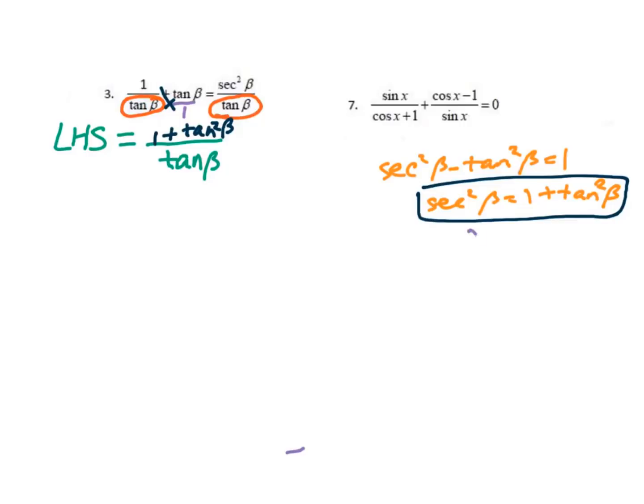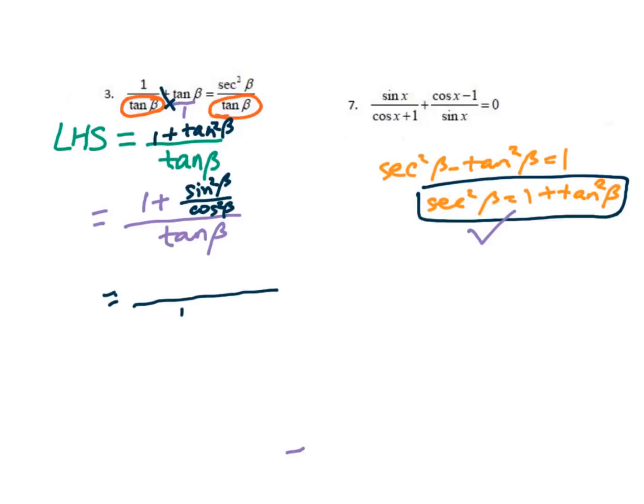If you cannot remember this formula, then the denominator doesn't change, because tangent beta is a denominator on the right side. So we change the tangent into sine squared beta over cosine squared beta.